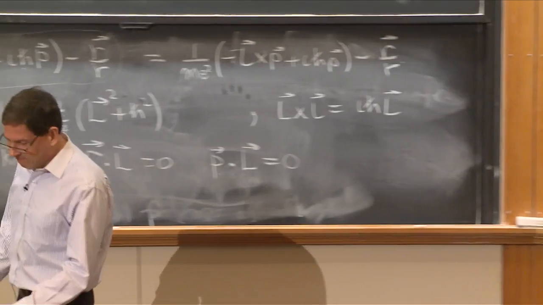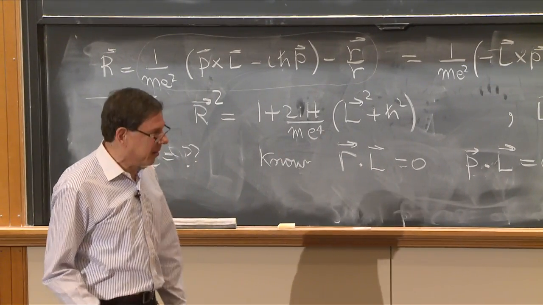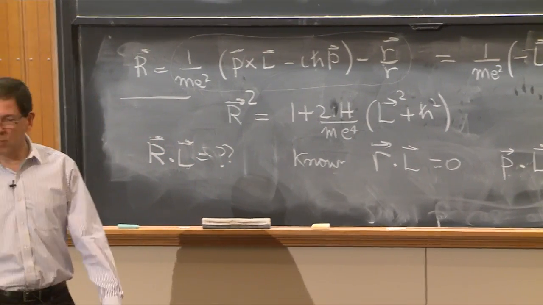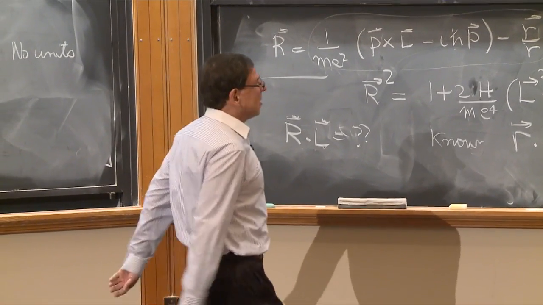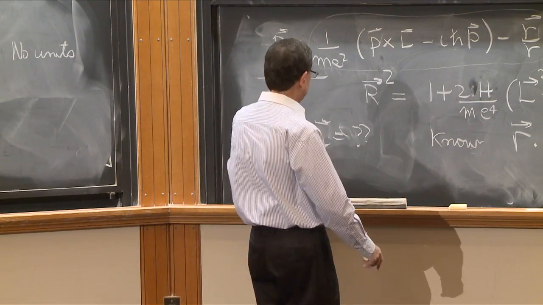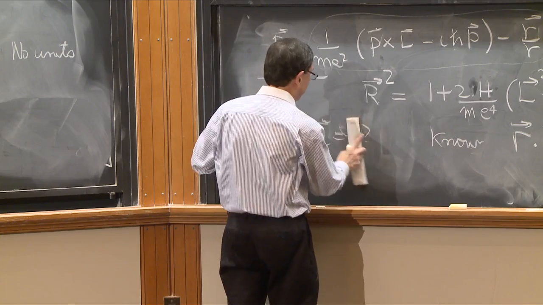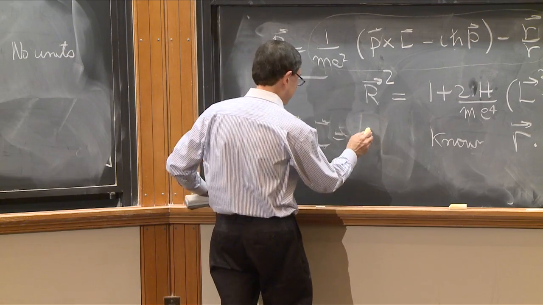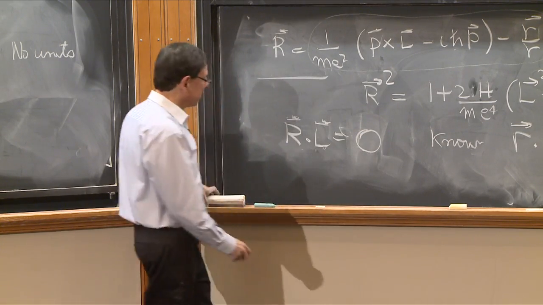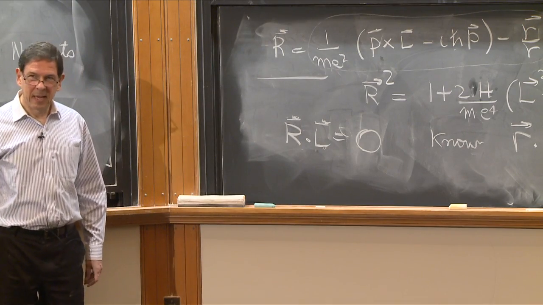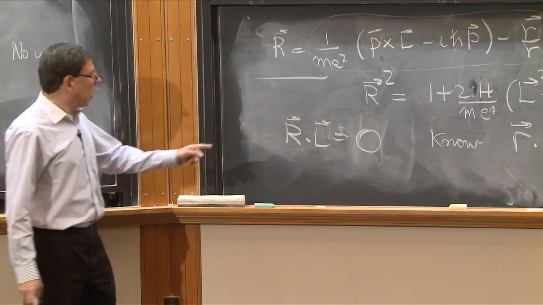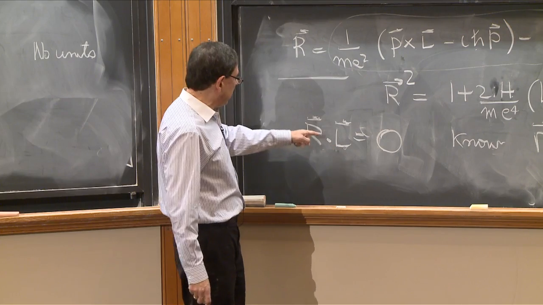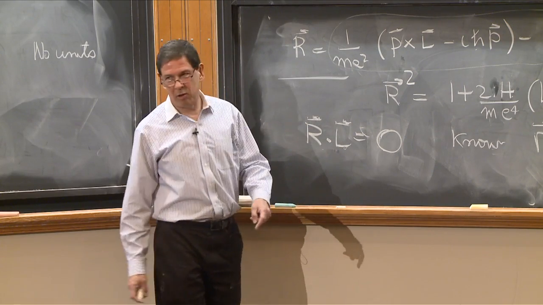It's a little delicate to do these computations. So since that term is 0, this thing is 0. Now you may ask, well, r dot L is 0. Is L dot R also 0?